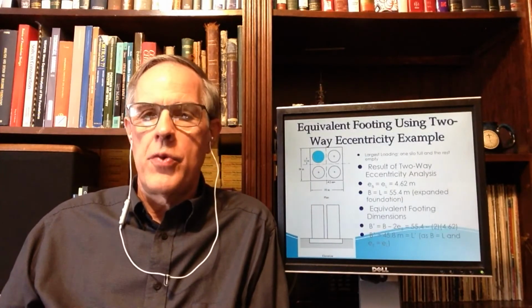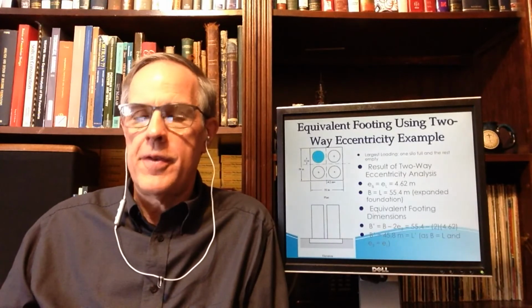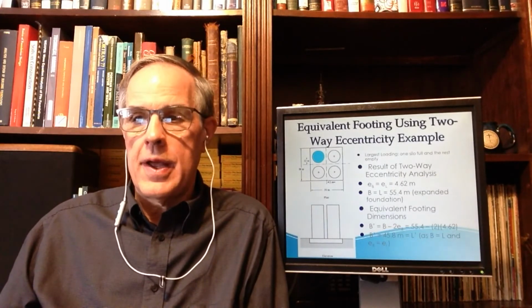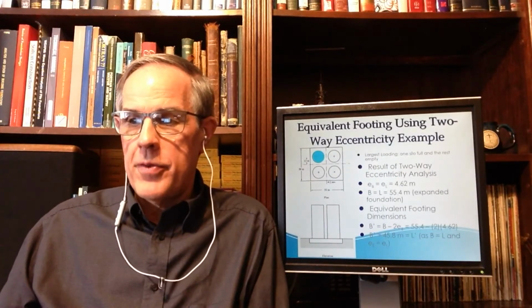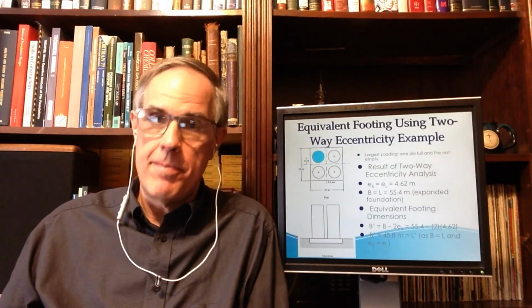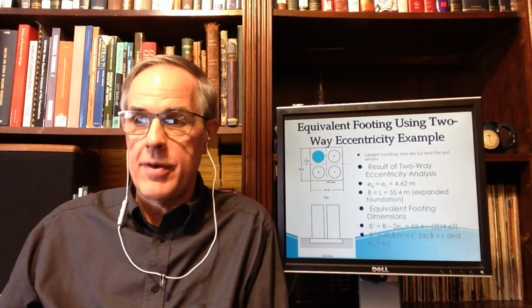When I go to compute the equivalent foundation, I'm just going to take the 55.4 meter result as it is, and plug into my formula B minus 2E for both. It's the same for both because the eccentricity is the same and the B and L are the same.